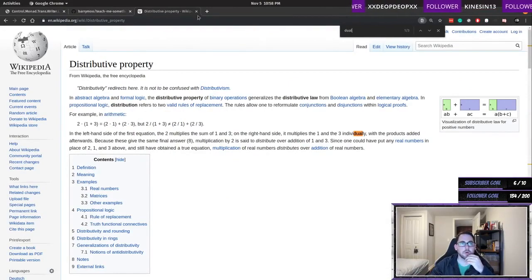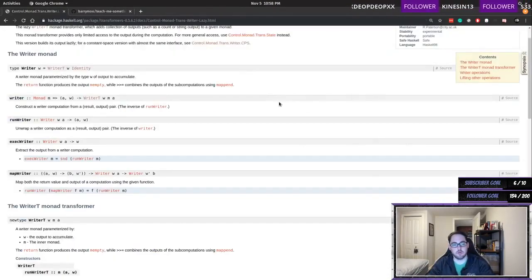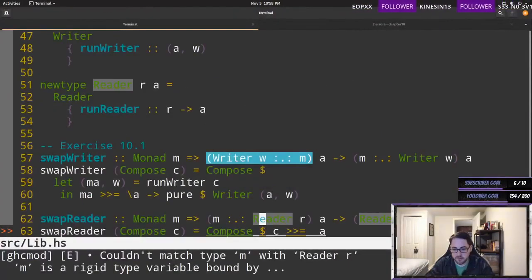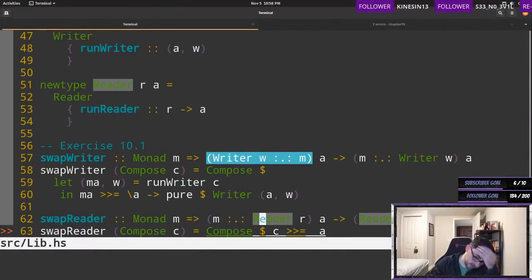No. Because if it means the opposite, then I think that I can do it. If it's Reader R compose M, I might be able to do it. But I don't see how I do it this way, because there's no way to unwrap an arbitrary box.